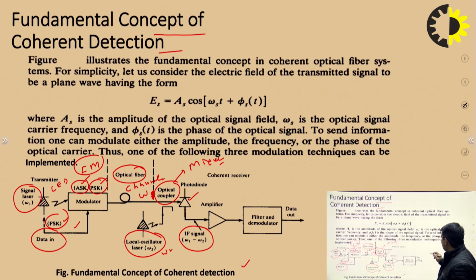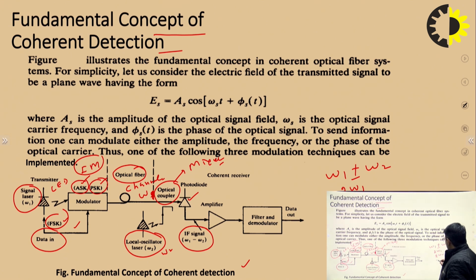Basically, whenever there are two signals, for example W1 and W2, what we can get is either plus or minus. If the two signals are the same, we can get 2W1, and we can also get 2W2.